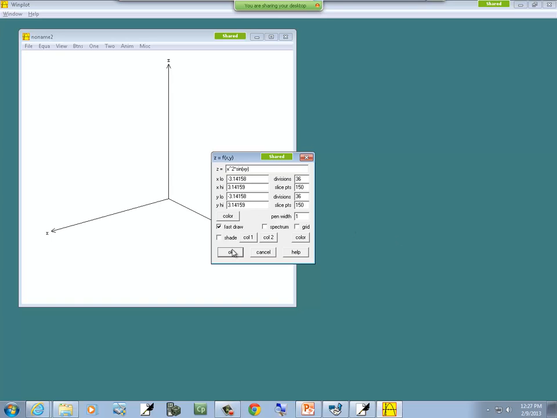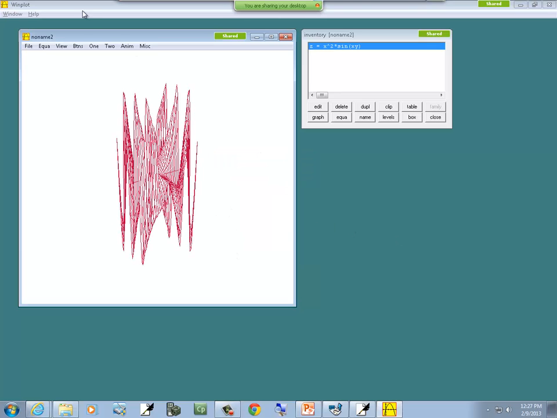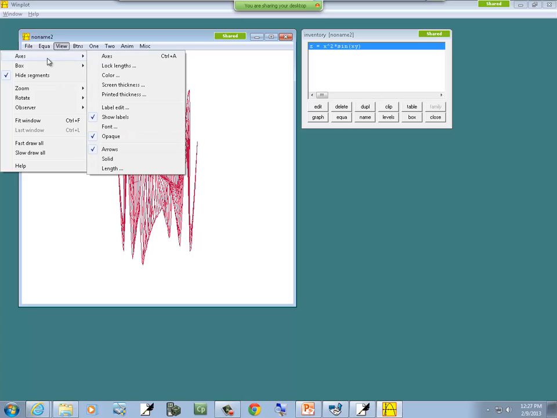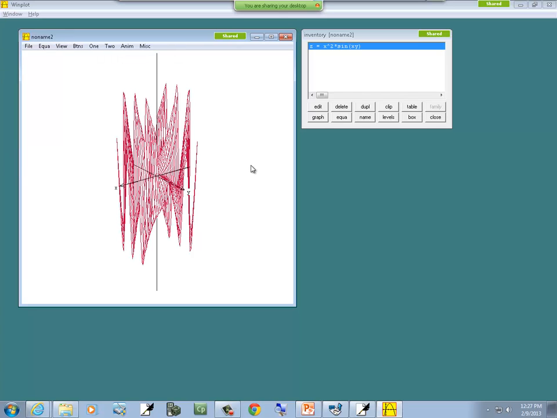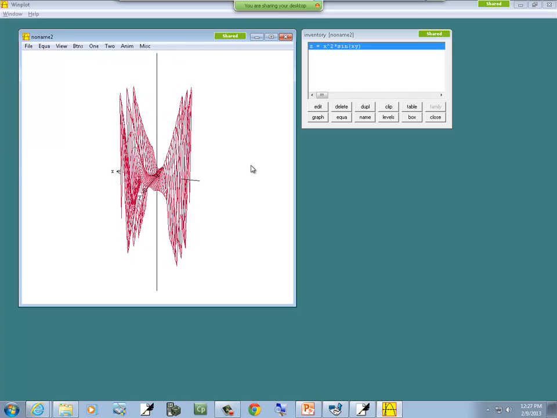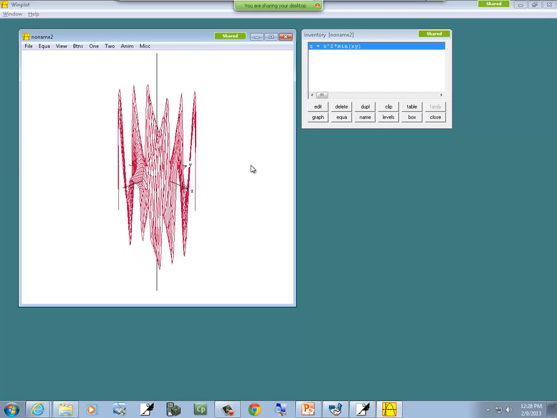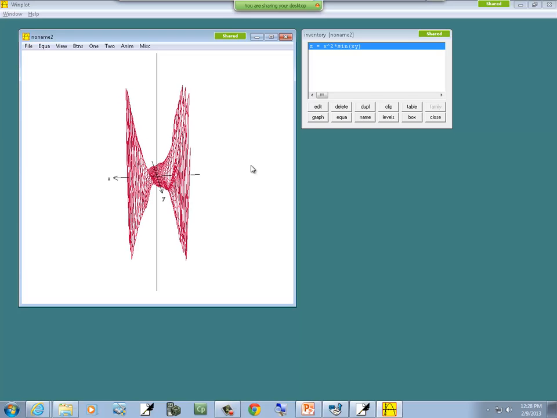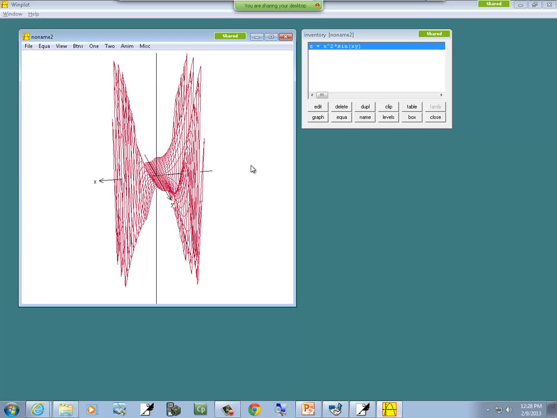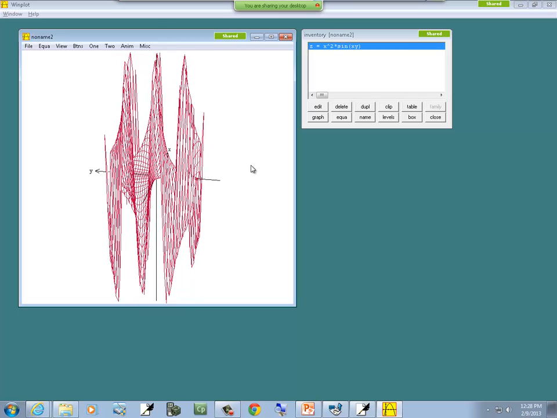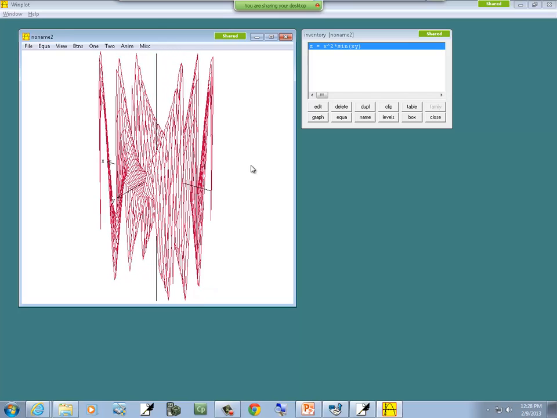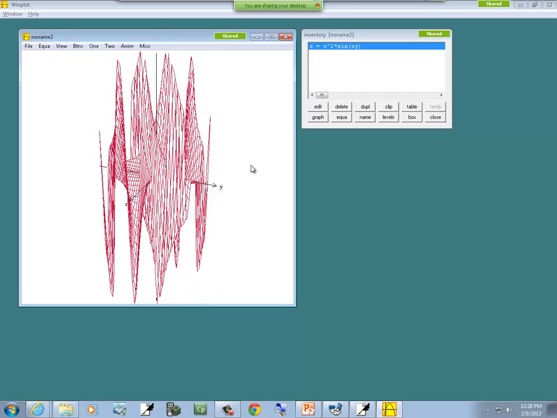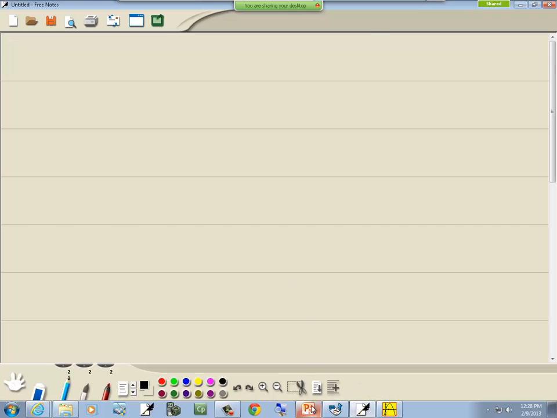And click OK. So far, WinPlot's winning out. So that's our graph. Interesting. Now, sometimes when it looks like it just stops, remember it keeps going forever. Just WinPlot doesn't keep going forever. Okay.